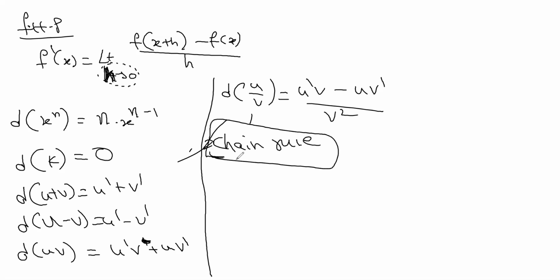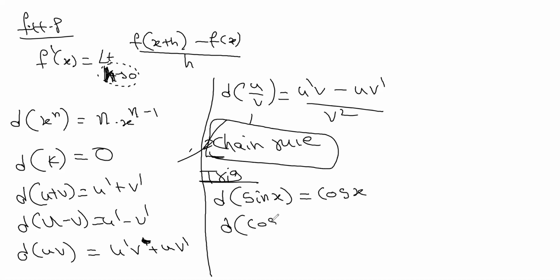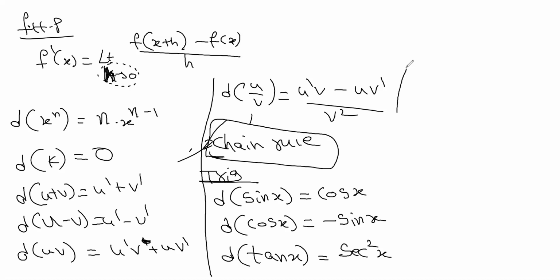And in the previous class, we studied the differentiation of trigonometric functions. First, differentiation of sine x is cos x. Differentiation of cos x is minus sine x. These two are pretty simple to remember. Differentiation of tan x is secant square x.